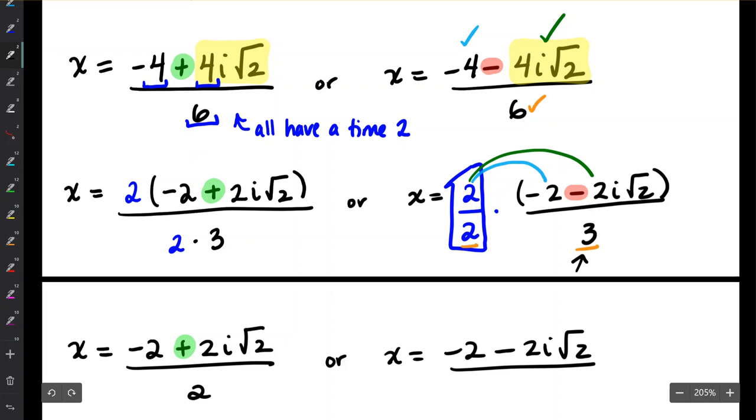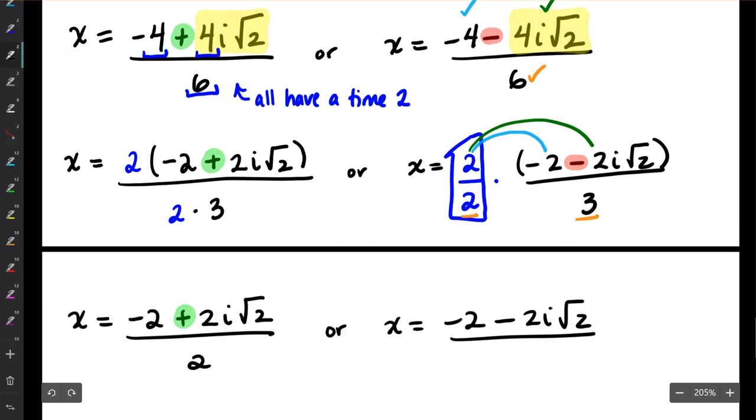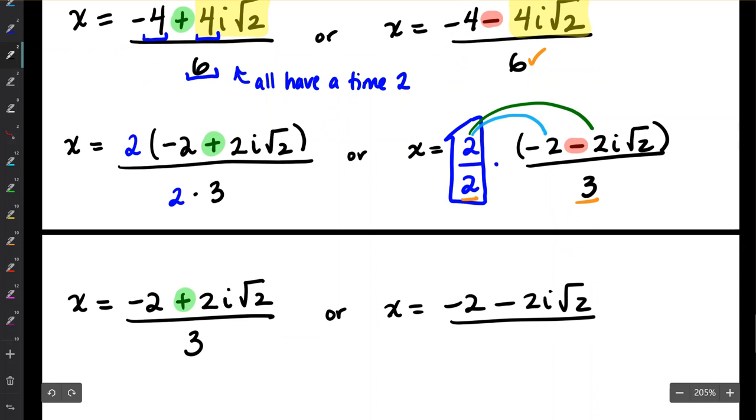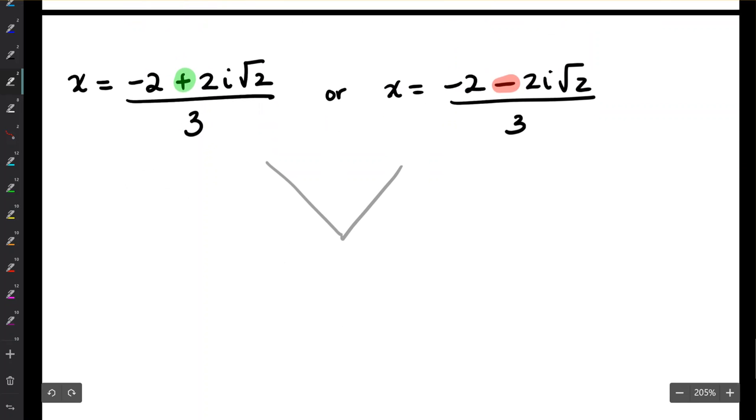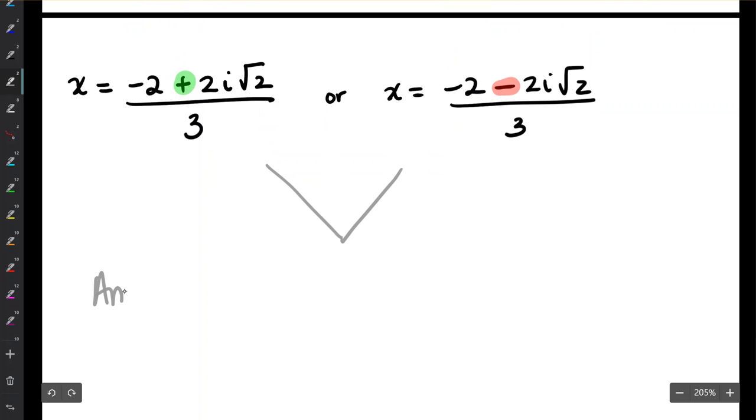I caught my mistake when I looked at it up here, right? 6 is 2 times 3. 3 in the denominator. Beautiful. And if you want to write these two together, you can. And here's the answer, how we'll put it in the computer.